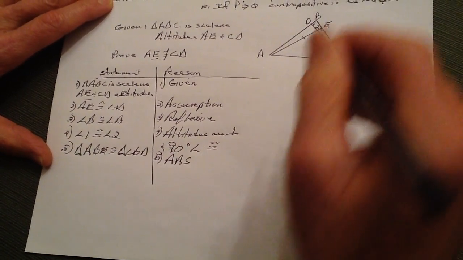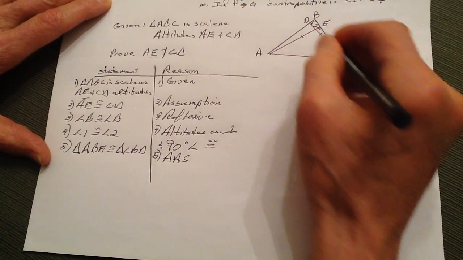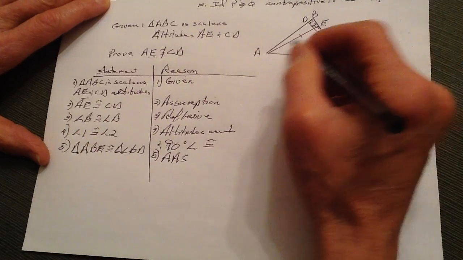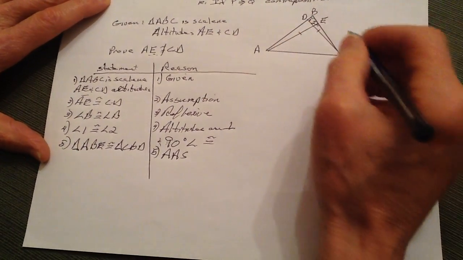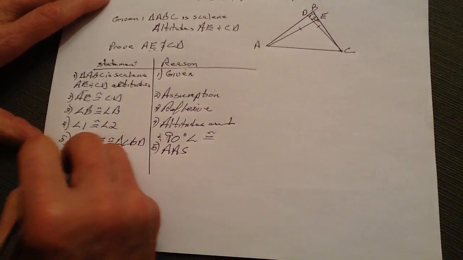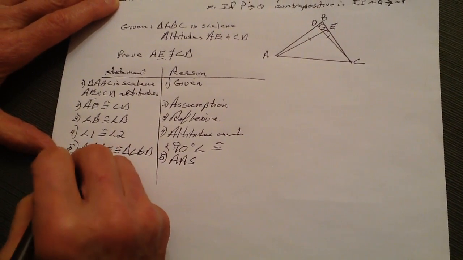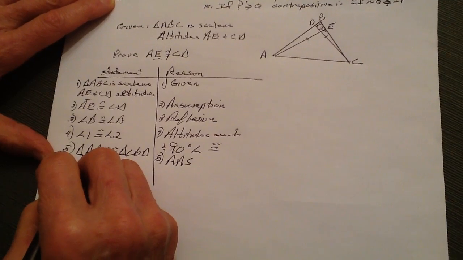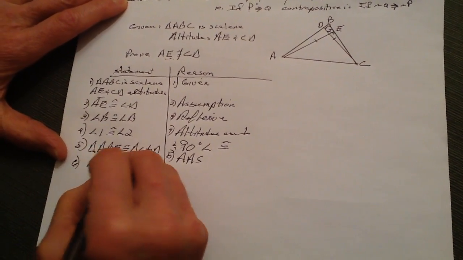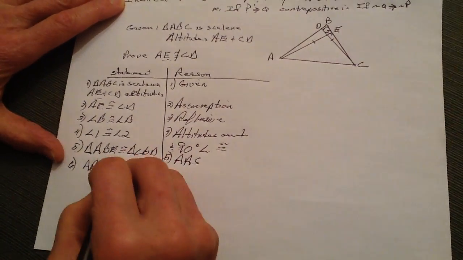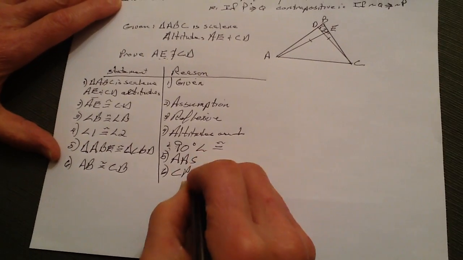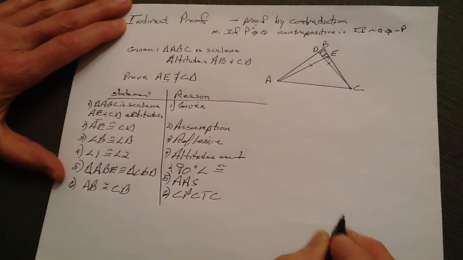So if these two triangles are congruent, based on my assumption up here, then AB is going to be equal to BC. So number 6, AB is congruent to CB, because corresponding parts of congruent triangles are congruent.